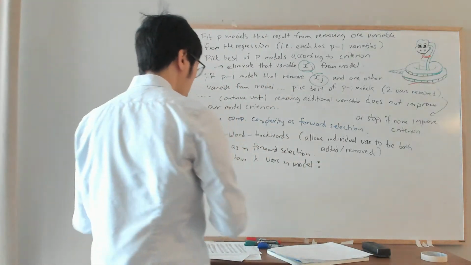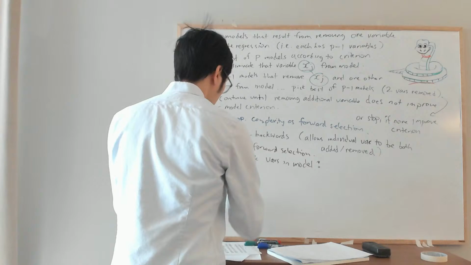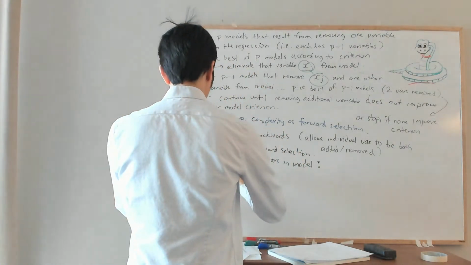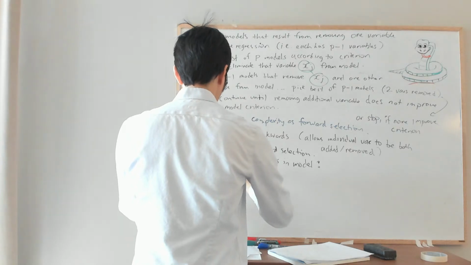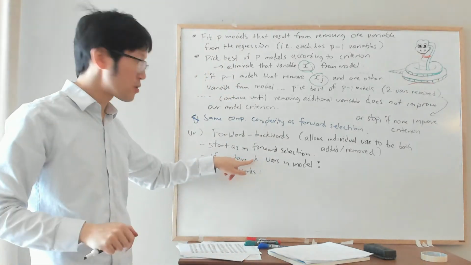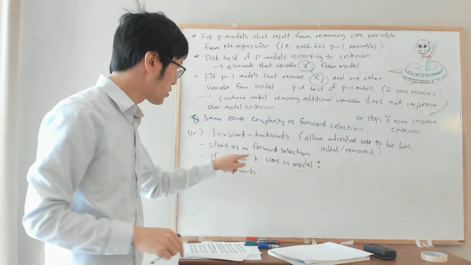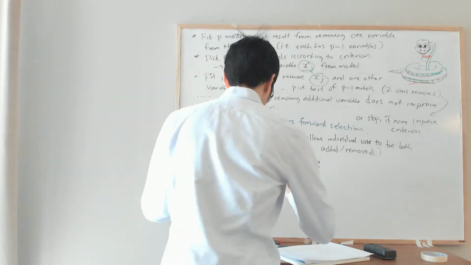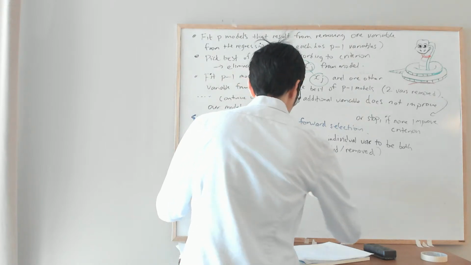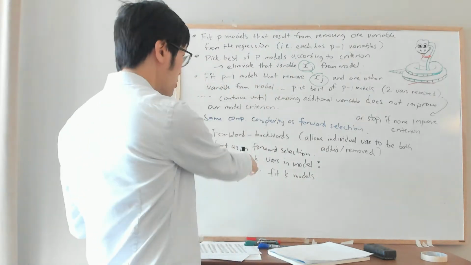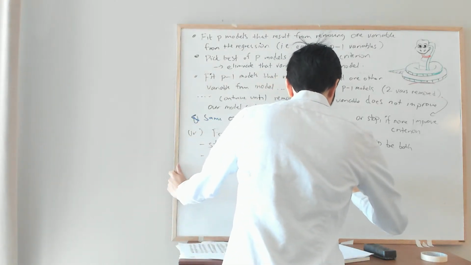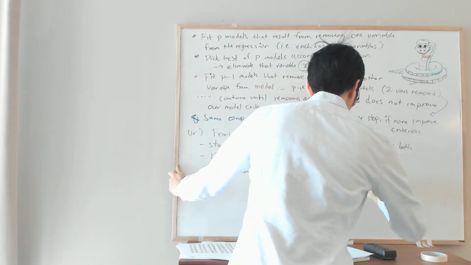So we're going to try two things. We're going to try a backward step. The backward step is to try removing one of these k variables. So we're going to fit k models, each of which has one less variable, so k models with k minus 1 variables.